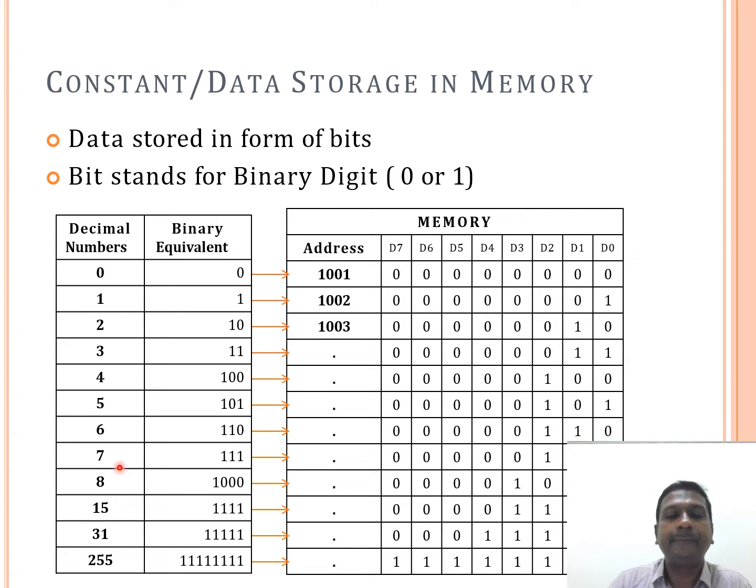For example, if I take 5, the binary equivalent for 5 is 101. So this 5 will be stored as 0, 0, 0, 0, 0, 1, 0, 1. So data 5 is going to be stored as 5 zeros, 1, 0, 1. So in physical memory, my data will be stored only in this particular format.